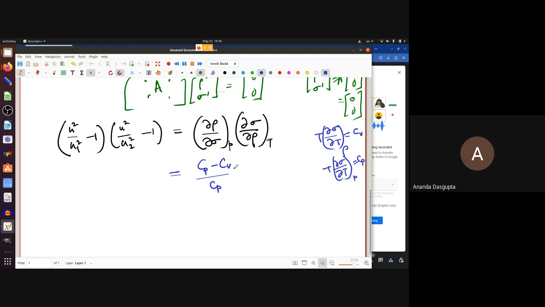Now, what kind of object expands a lot when you heat it? If you heat a solid, does it expand a lot? Or a liquid or a vapor? Which state of matter expands a lot when you heat the thing up?